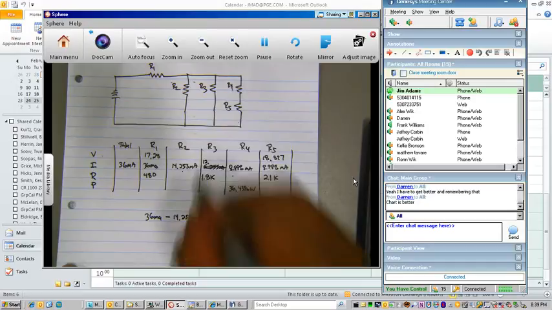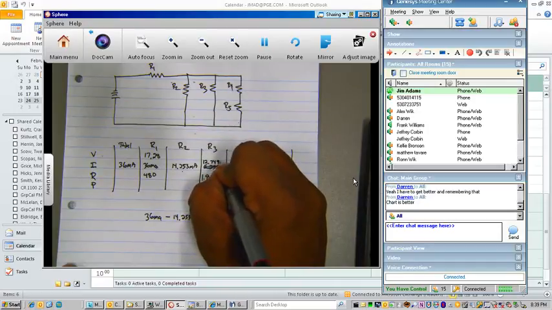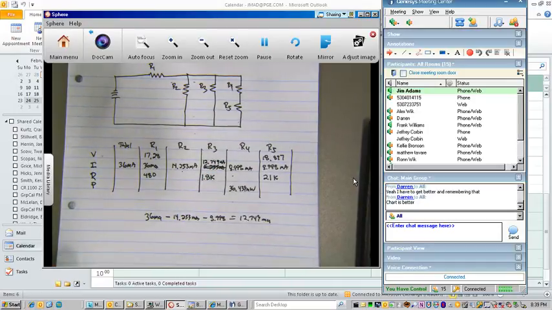Let me see, it'll be 36 milliamps, right? Minus, start out with 36. R2 has 14. And then we know R4 and R5 is 8. That should equal 12.749 milliamps. Yeah. Got it.